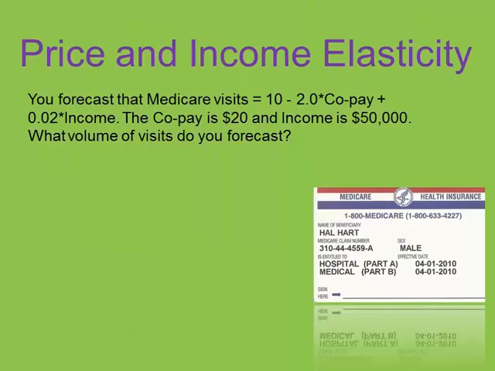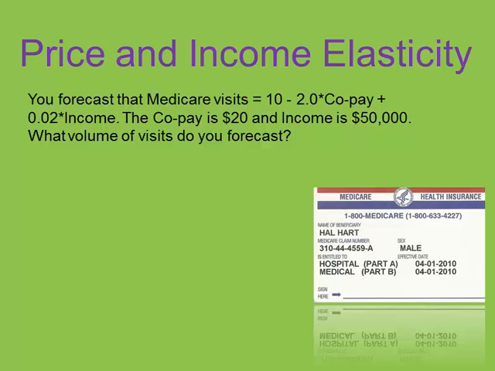Okay, our next weapon or arrow in our quiver of forecasting is price and income elasticity. We're going to involve both of those. So with this type of scenario, we have a forecast of Medicare visits equals this demand function: 10 minus 2 times the copay plus 0.02 times income.